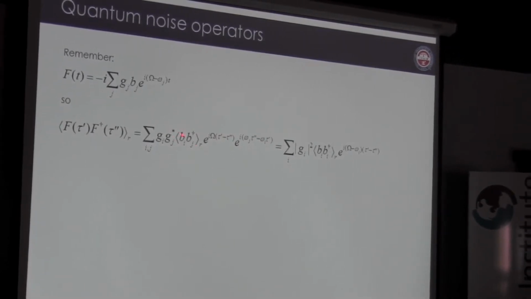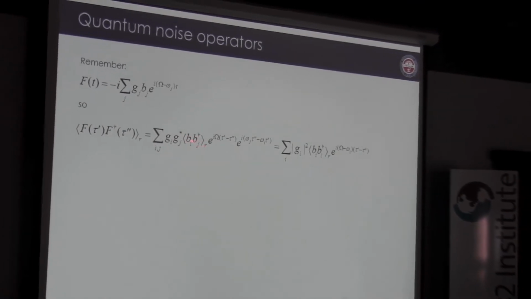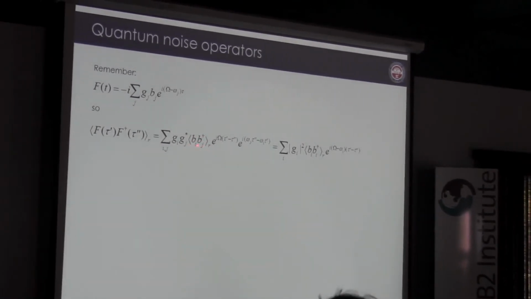Now, as I mentioned, if I look at different modes, i not equal to j, there's no correlation between those when they're in thermal equilibrium, and so those terms give 0, and so I end up with a much more manageable looking single sum over these modes, over one set of modes and one set of reservoir averages.